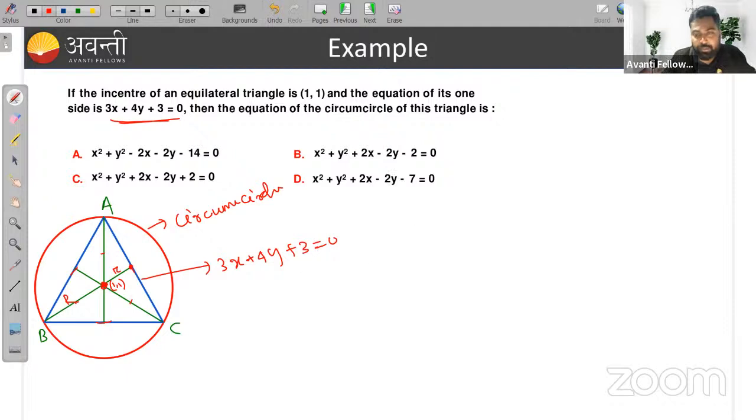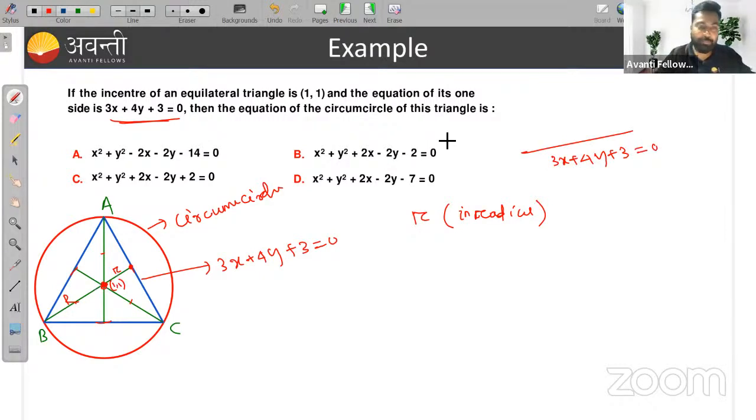Can you find r, the inradius, that is the radius of the inscribed circle? Yes, we can, because we have the line 3x + 4y + 3 = 0 and the point (1, 1). We need to find the perpendicular distance from the point (1, 1) to the line.